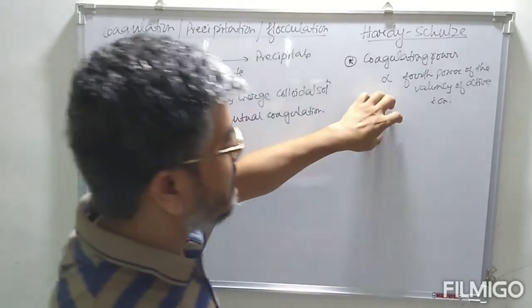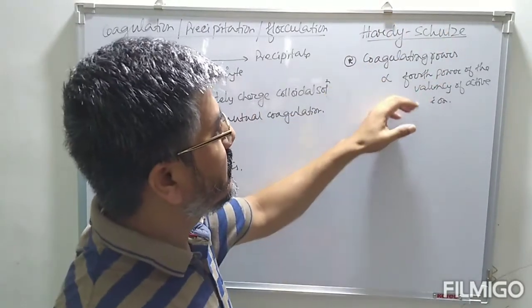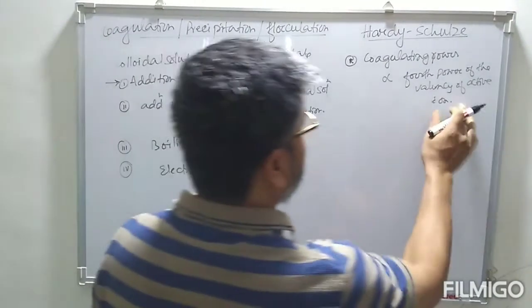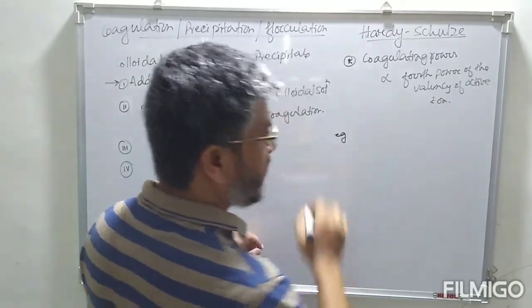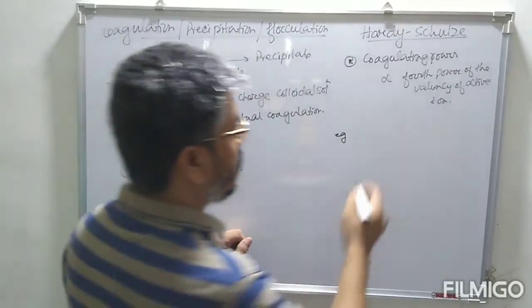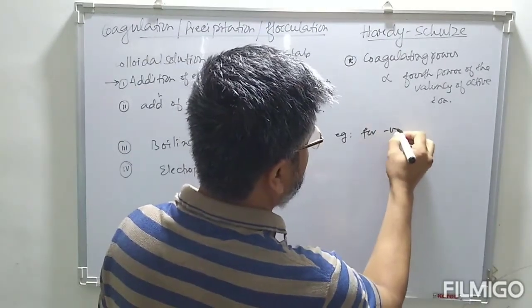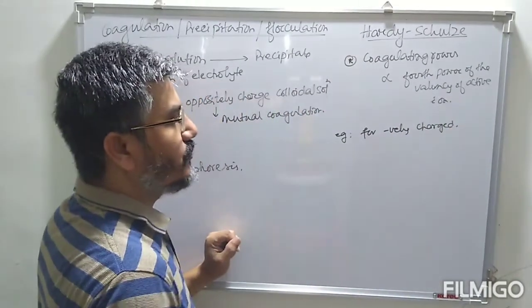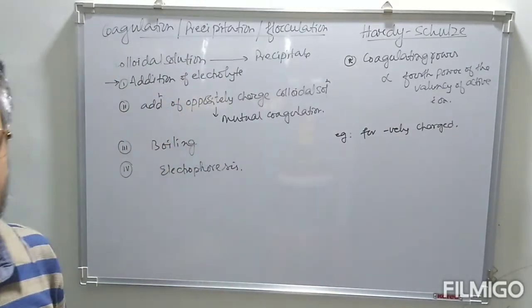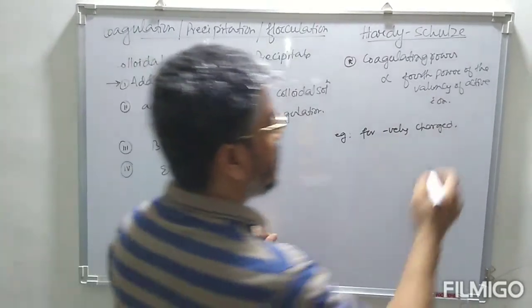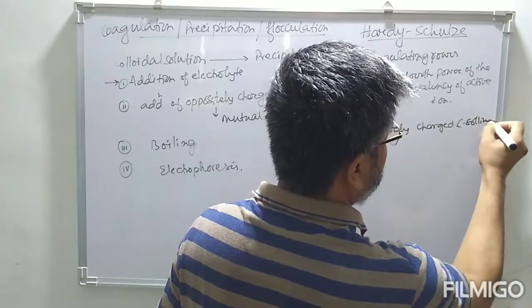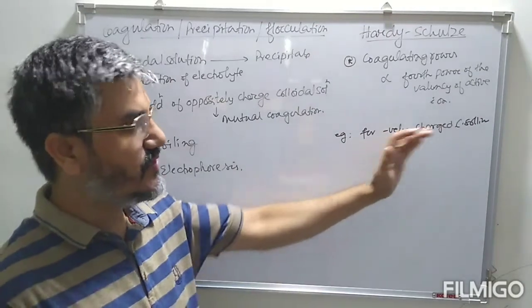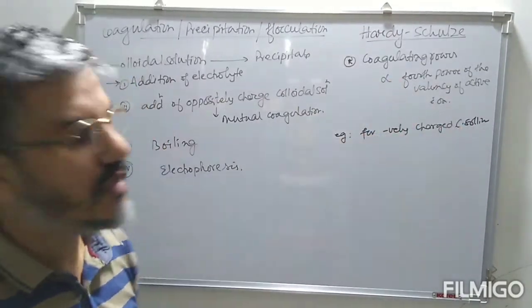That means as the valency increases, the coagulating power also increases. Suppose we have a negatively charged colloidal solution. For a negatively charged colloidal solution, we have to take a positively charged electrolyte. So as the valency increases, the coagulating power also increases.